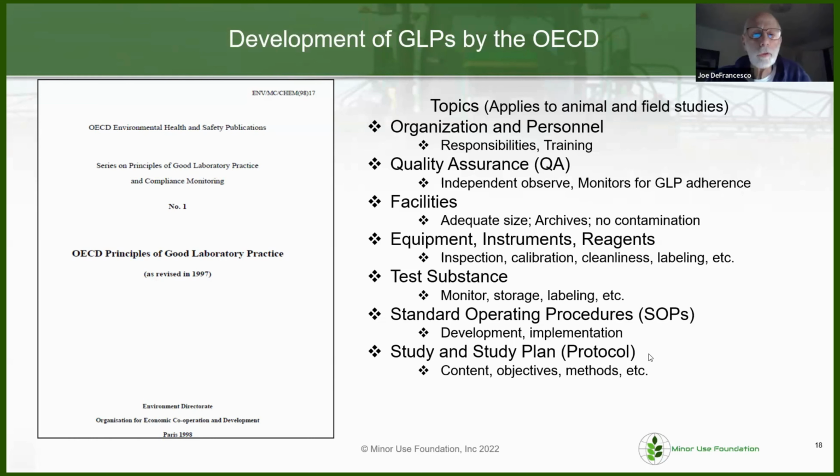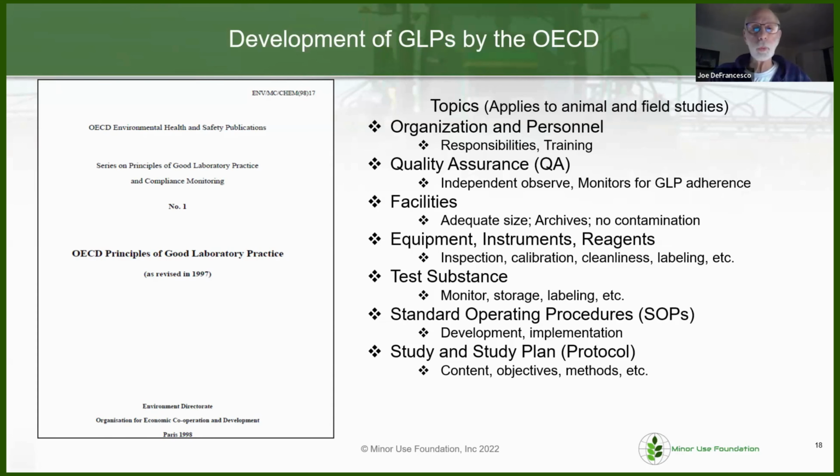An important component of GLPs is having a quality assurance unit overseeing the study. This is a person, an independent observer, who monitors the study for adherence to GLPs. Every study conducted by the Minor Use Foundation will have a quality assurance person assigned to that study, and that person is responsible for observing different aspects of the study as it's being conducted.